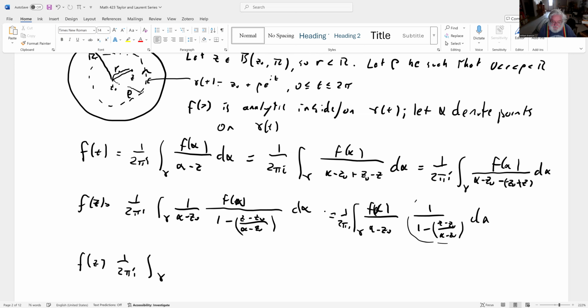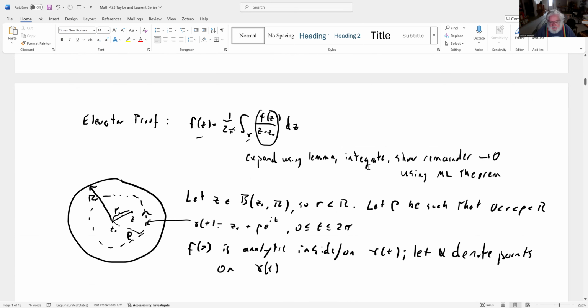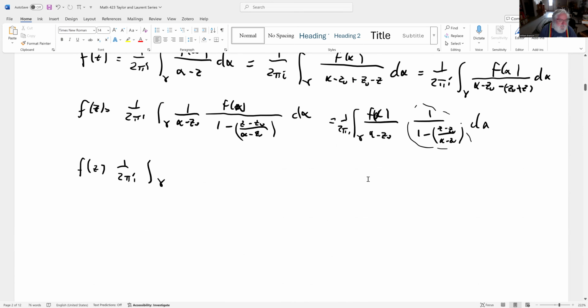So here's the thing that I'm applying my lemma to. And this is my lemma, and this works for any n, so we'll pick an n. What do we have? We have f of alpha over alpha minus z0, and then we get this expansion.